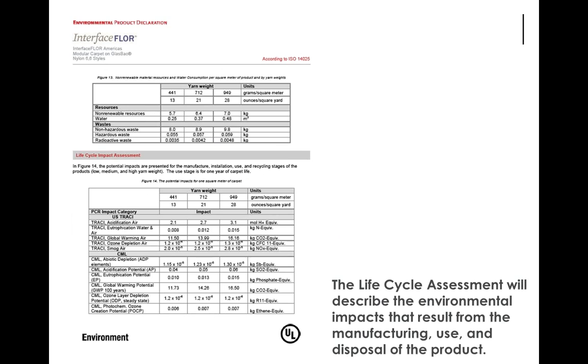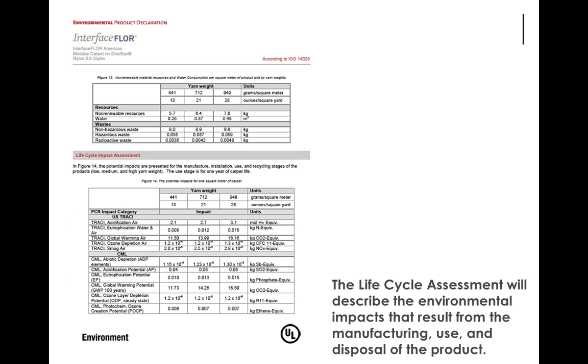In addition, there is disclosure of the total life cycle impact information. As you can see in this slide, there's actually two life cycle impact methodologies that are utilized here. The first is TRACI and the second is CML, and those pertain to different geographies in the world.